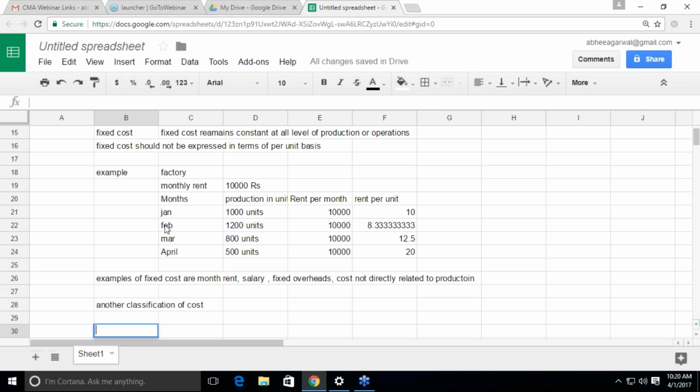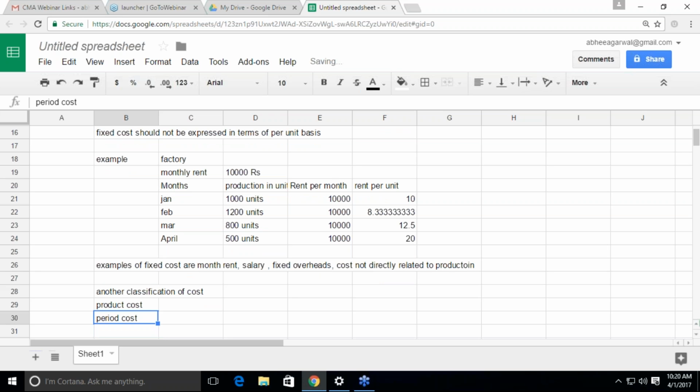Another classification of cost, one is called product cost and second is called period cost. So generally your product cost is a variable cost and period cost will be fixed cost.